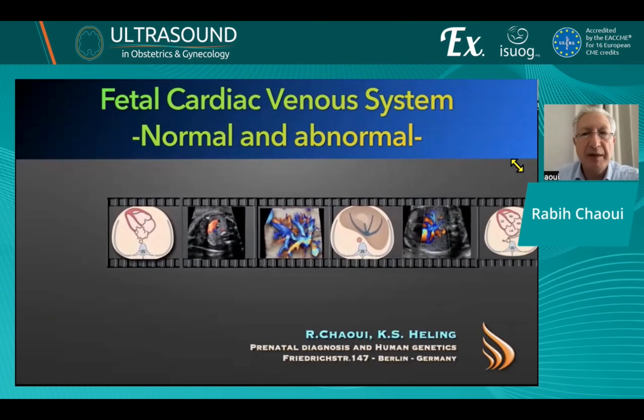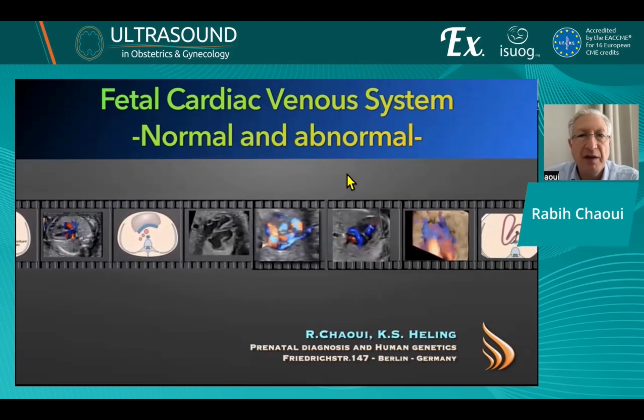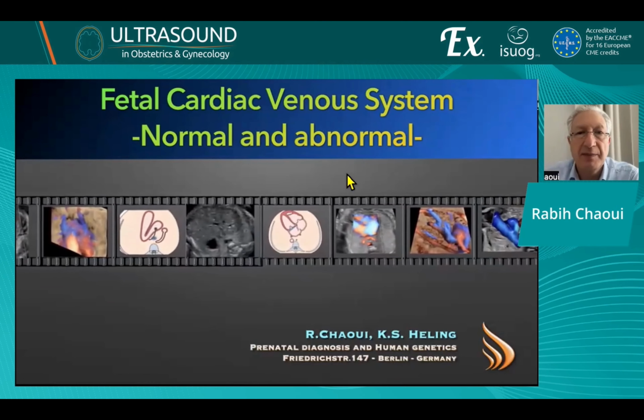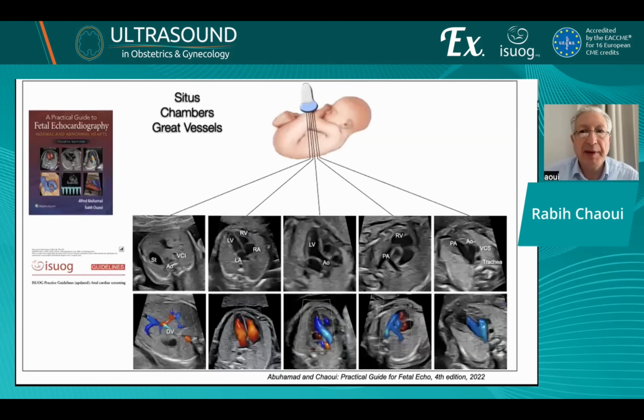Good morning, everybody. In this talk today, I will be discussing with you the fetal cardiac venous anomalies, showing you normal and abnormal findings. When we are presenting the typical planes used in fetal echocardiography, either in our book or in the recently published ISUOG guidelines, we are mainly focusing on the ventricles and on the arteries leaving the heart, like the LVOT, RVOT, or three-vessel trachea view.